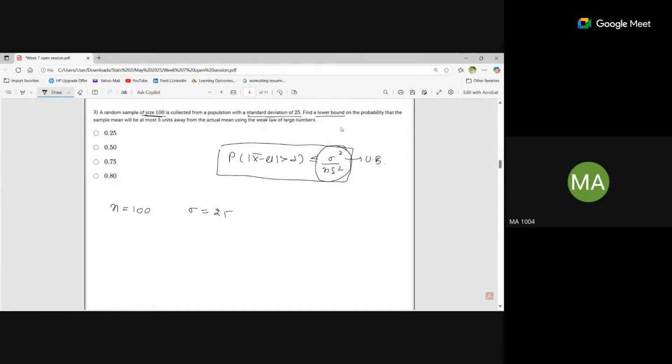So if we have to find out the lower bound, we take 1 minus the upper bound. So this will be the equation basically. Now probability of x bar minus mu. What is the value of delta?